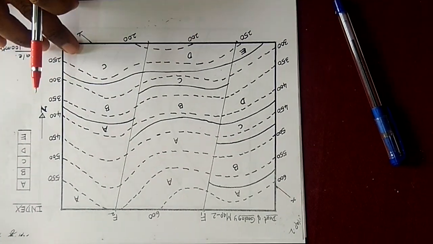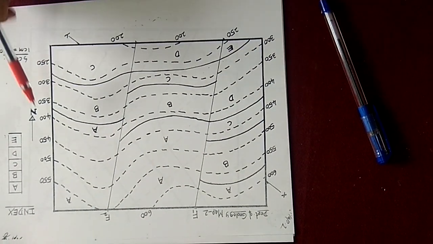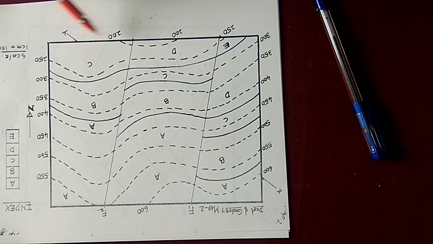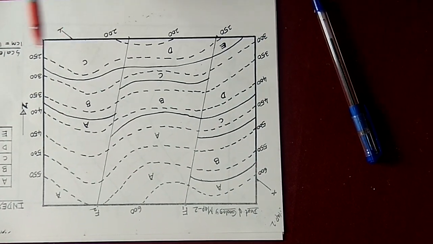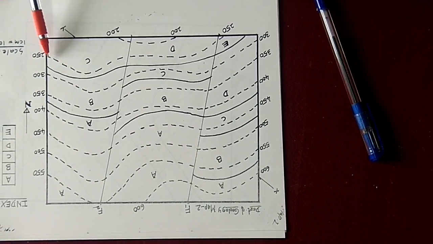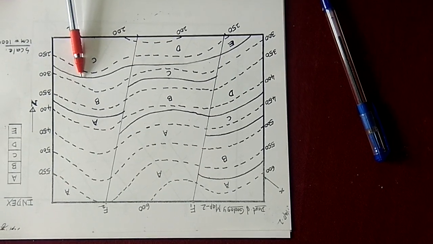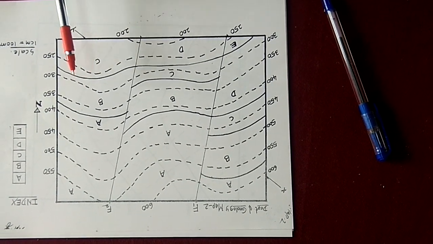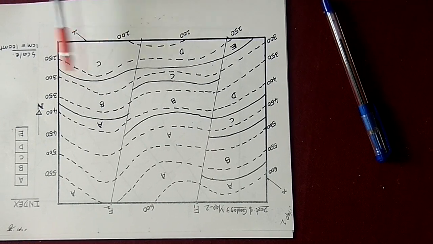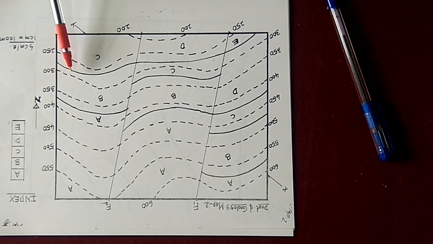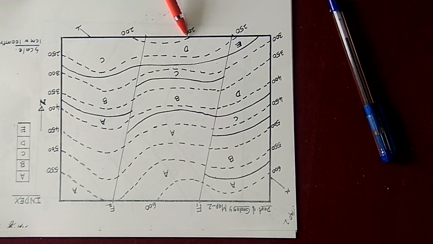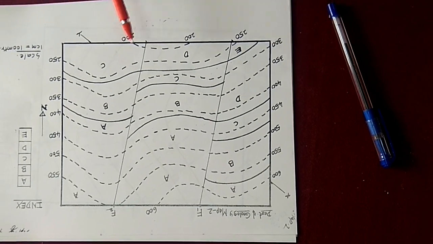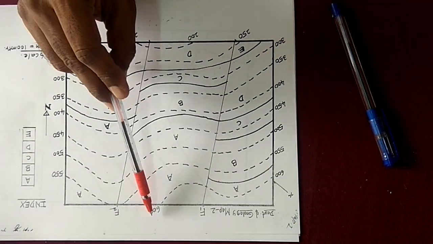In the second map, once again we come across the same characteristics here. Contour lines are parallel to the bedding planes. Hence beds are deposited horizontally. And the second point is the lowest contour value is 200 meter and the highest contour value is 600 meter.